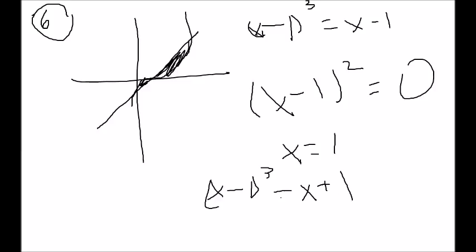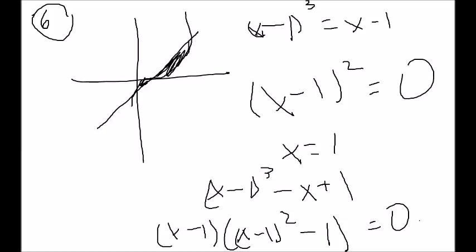Oh man. Wait, x minus 1. This is a hassle. Wait, that's x squared plus 2x. X squared minus 2x plus 1 minus 1. So x squared plus 2x equals 0.